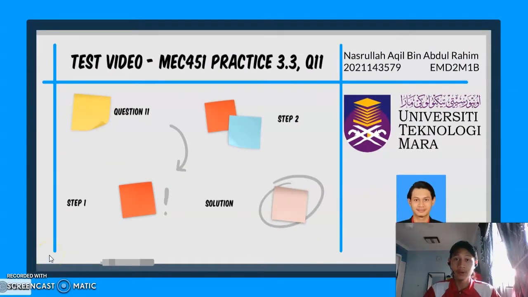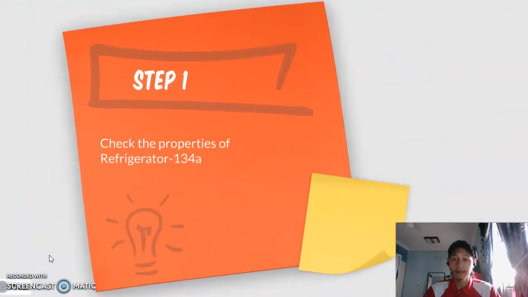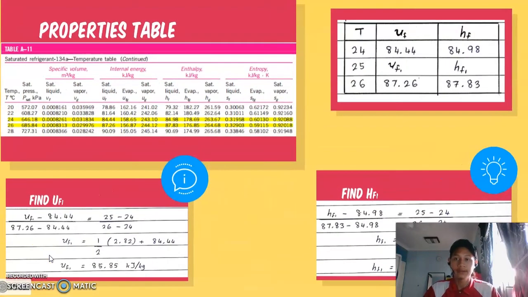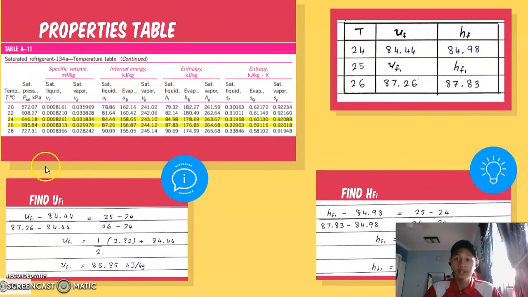So, for step 1, we must check the properties of refrigerant 134A using the properties table. So this is the properties table. The question said that the refrigerant 134A is at 25 degrees Celsius, but the properties table did not have 25 degrees Celsius.